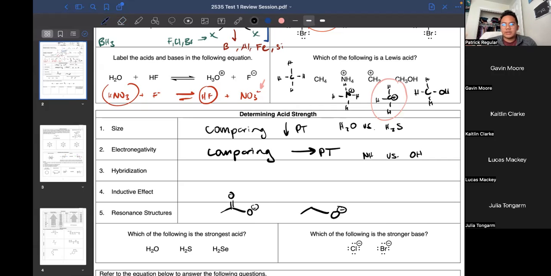Which one is the weaker base? This one is the weaker base because that resonance flip-flops between the two oxygens. The more resonance it has, the more stable it is, and the more stable or weaker that conjugate base is, the stronger the acid. So the original acid is much stronger.